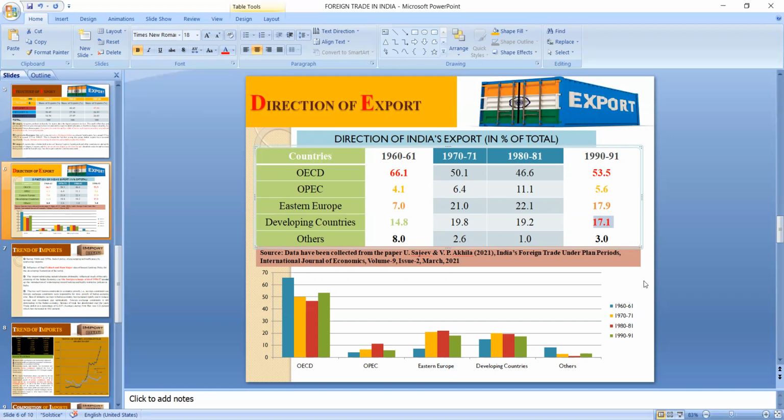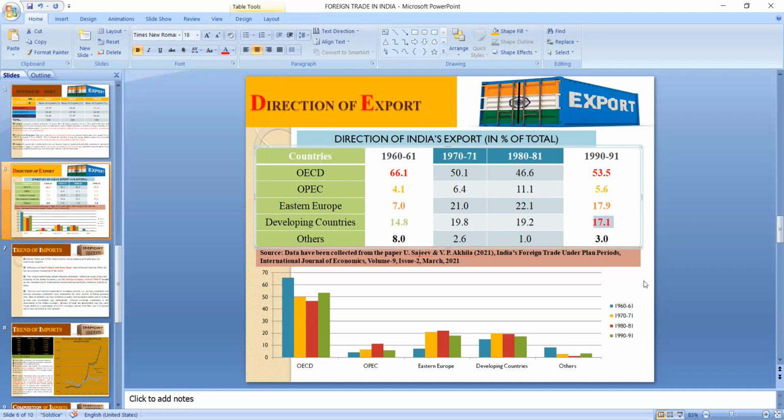So due to these causes, there are slight changes in exports to the OECD countries, and we have realized some improvement in exports to Eastern Europe as well as the developing countries. So the trade relation among these countries over the years has improved a lot.